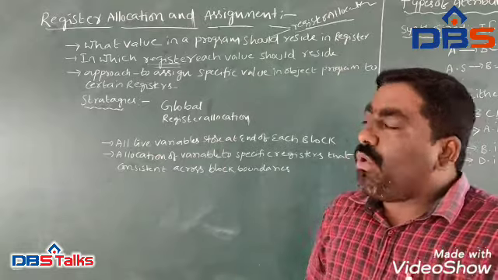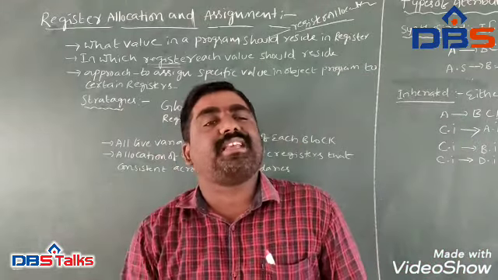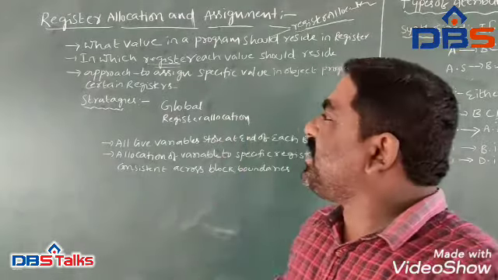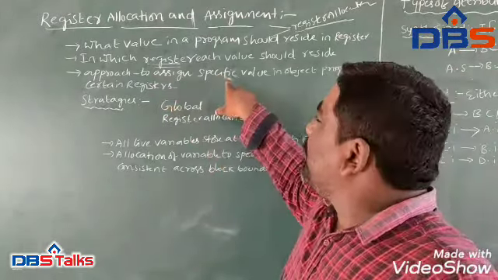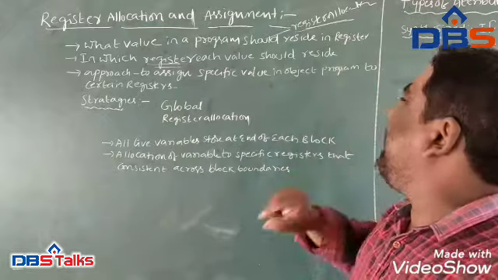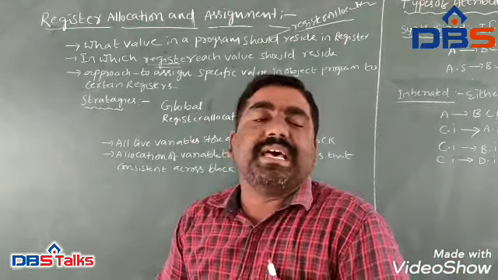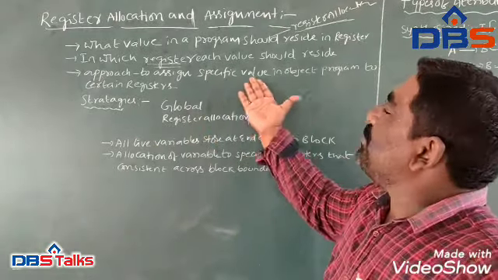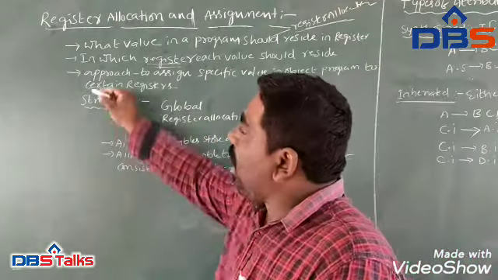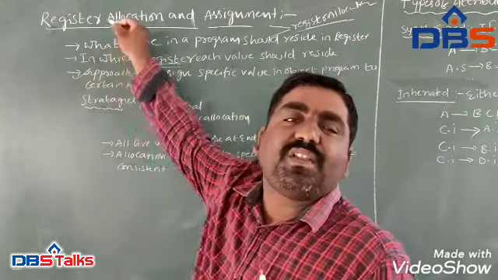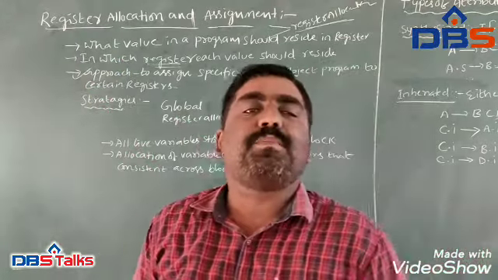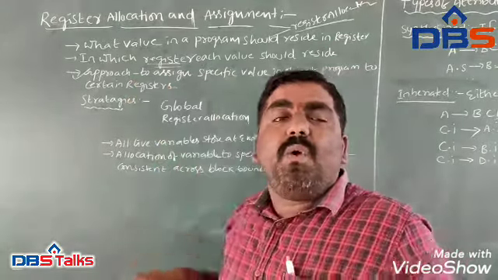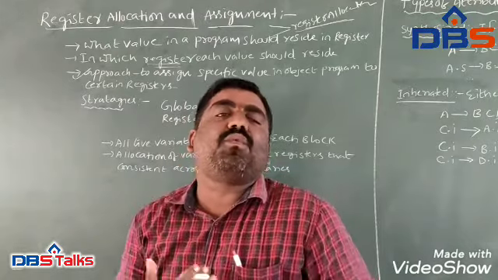In register allocation and assignment, we can use one approach, which is to assign specific values in the object program to certain registers. That means certain registers are assigned some specific values. With this approach there is one advantage and one disadvantage.